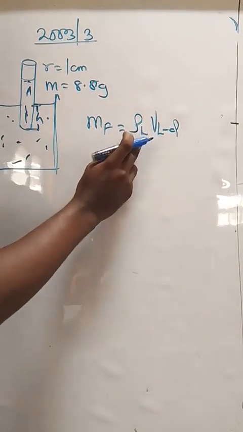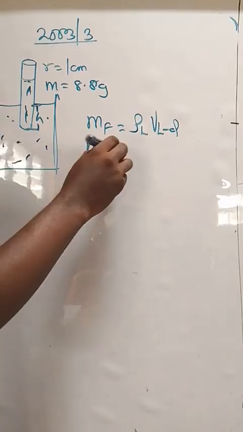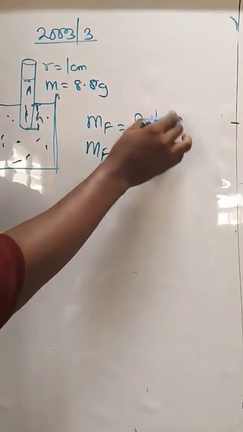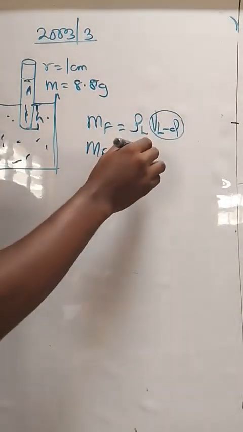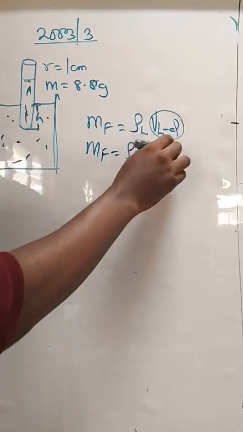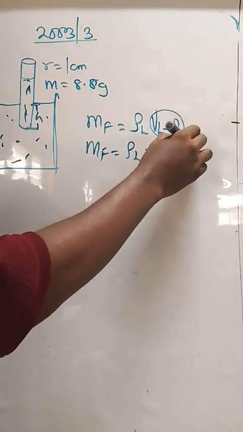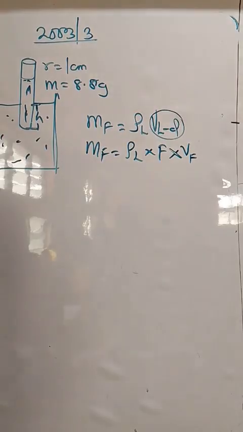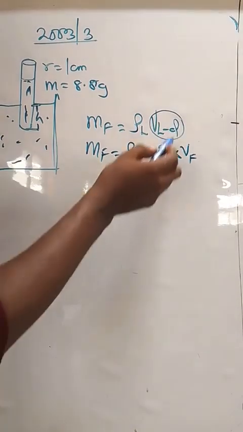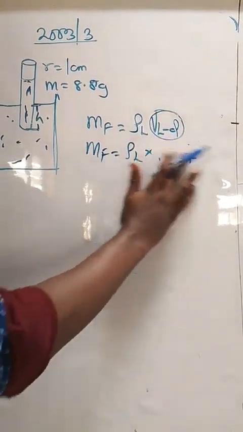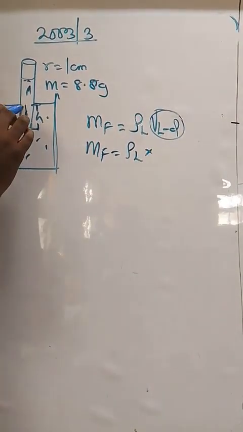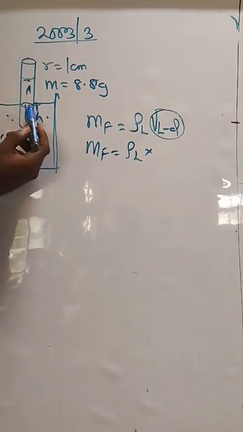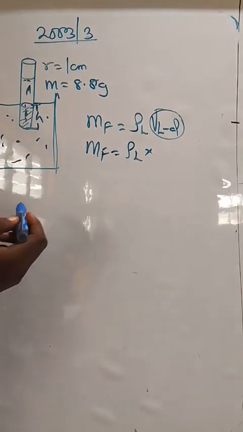So the density of water, and the volume of the liquid displaced, we can directly represent as the volume of the test tube inside the water.